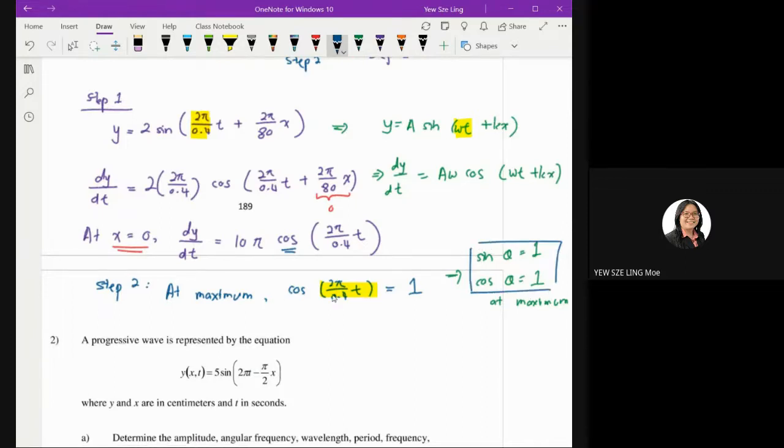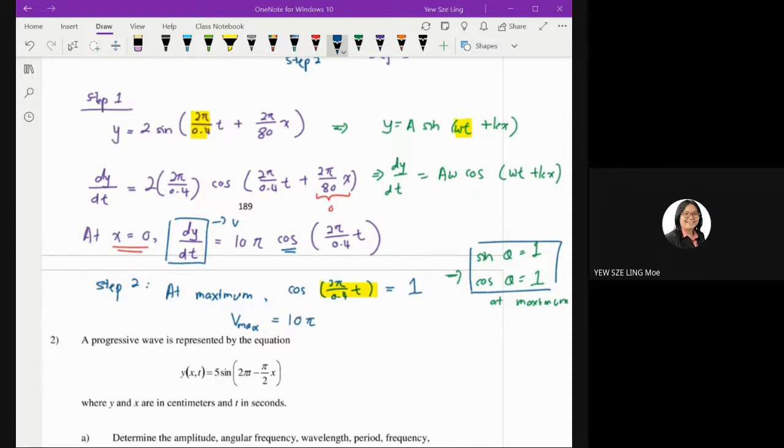Since cos (2 pi over 0.4 t) equals 1, I am going to say v maximum. Why v maximum? Because dy over dt is actually your velocity, the speed of the particles. So the maximum speed of the particles is just equal to 10 pi.